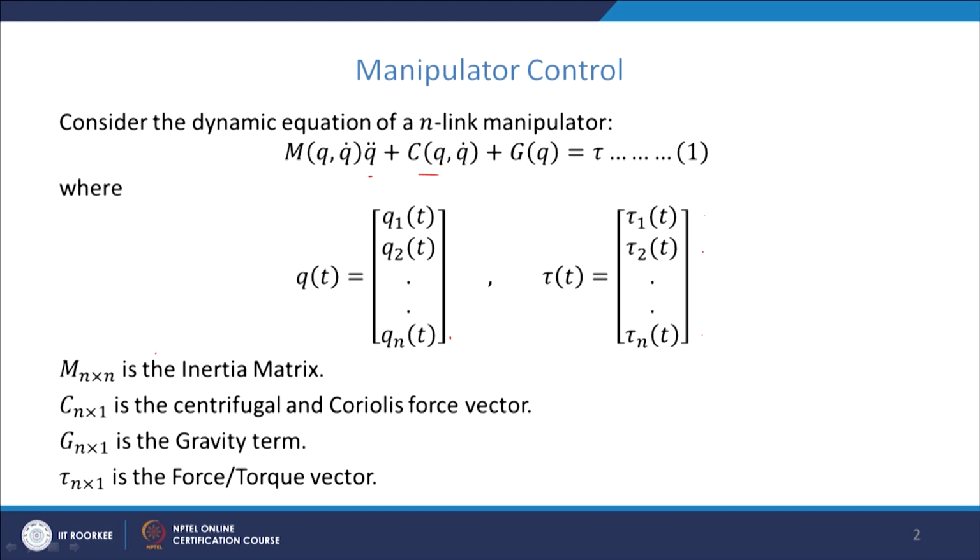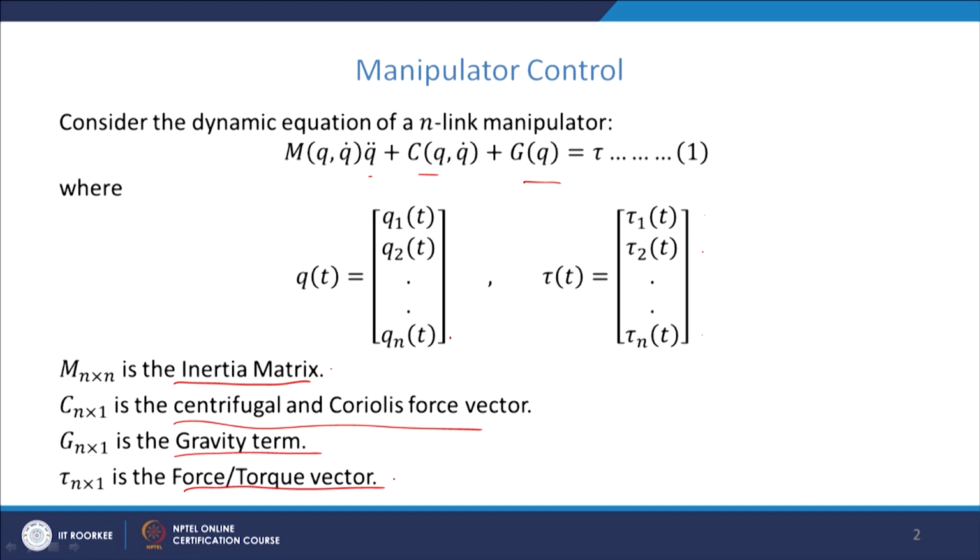Here M(q) denotes the inertia matrix, and C(q, q dot) denotes the centrifugal and Coriolis force, g is the gravity term, and tau denotes the force or torque vector applied at each joint. For each robot manipulator we can derive such a system of differential equations representing the equation of motion.